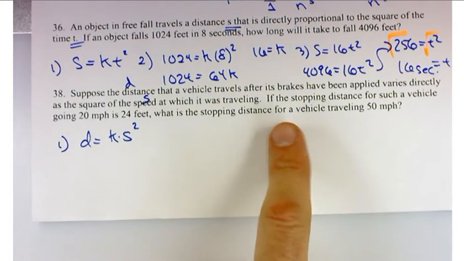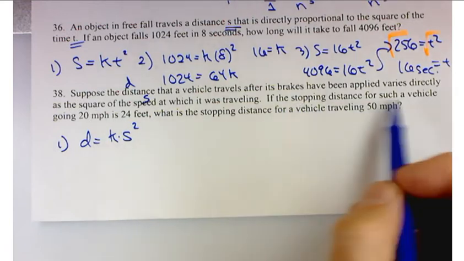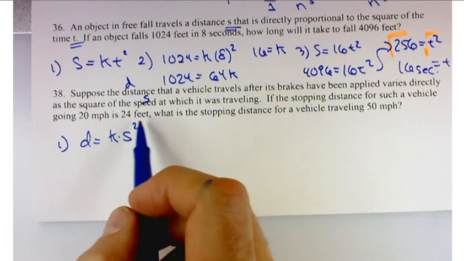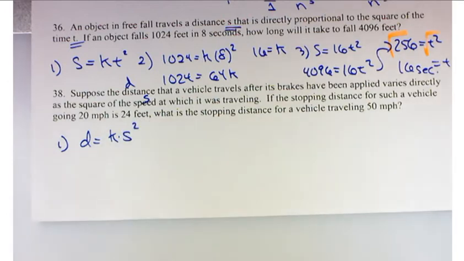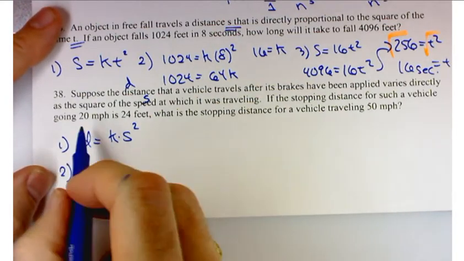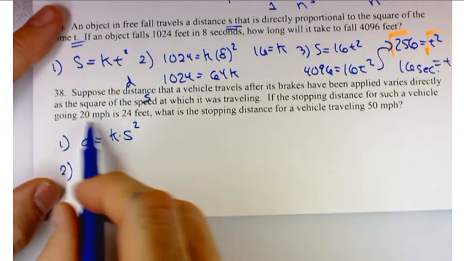The second step says if the stopping distance for such a vehicle going 20 miles per hour is 24 feet, let's stop here. This is going to allow me to solve for k. I just got to be careful about what I put in where. So where's the 20 go?